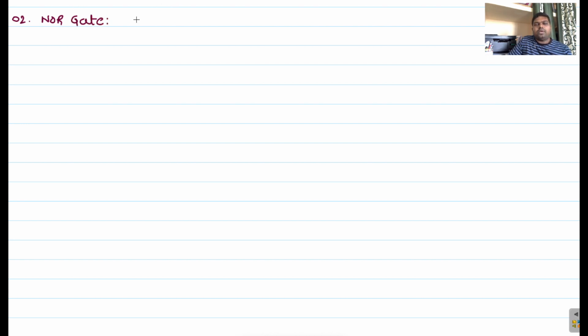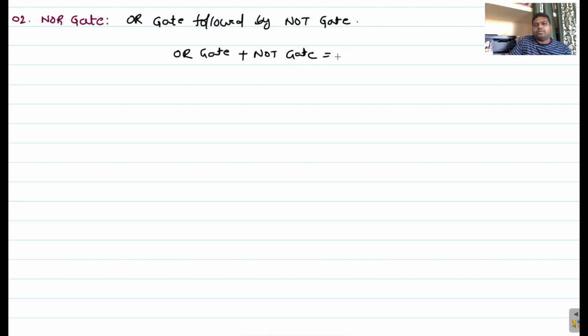The NOR gate is nothing but an OR gate followed by a NOT gate, otherwise NOT logic. That means an OR gate plus a NOT gate gives the NOR logic.